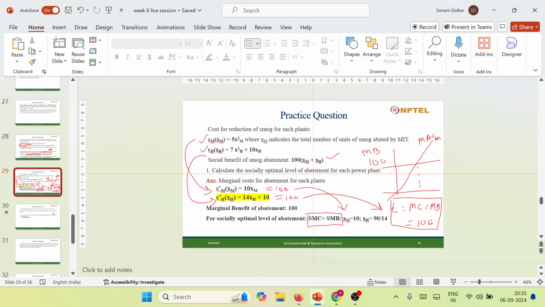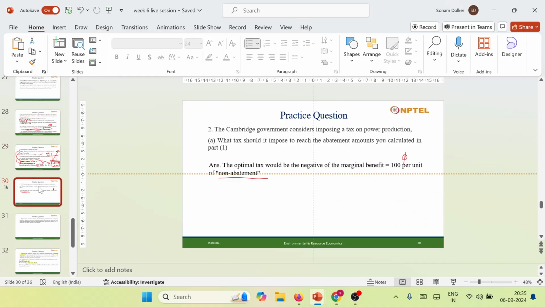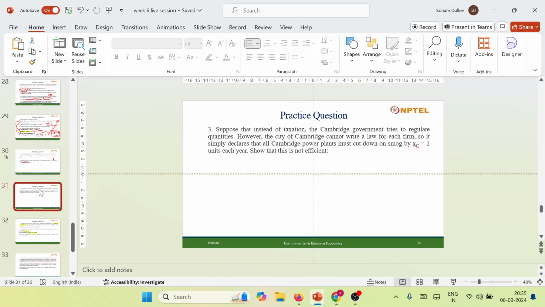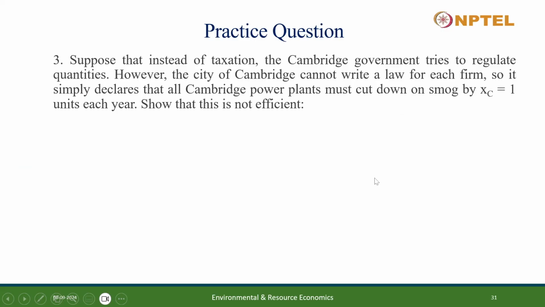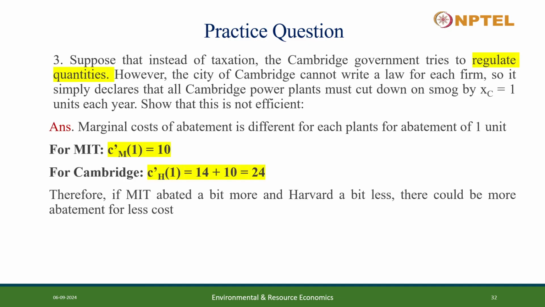First is the emission taxation system. Second is the standards, where the regulation is done on the level of pollution. So the quantity regulation is being done. So we have proved that the quantity regulation is inefficient, because even though the price is higher for the higher marginal abatement cost curve, this plant has to abate the emission, and the total cost incurred by the society is high.